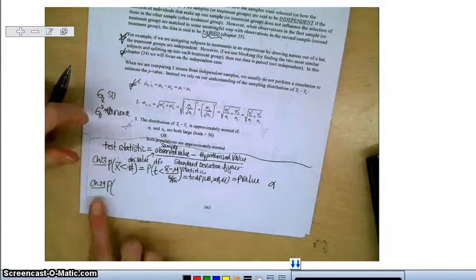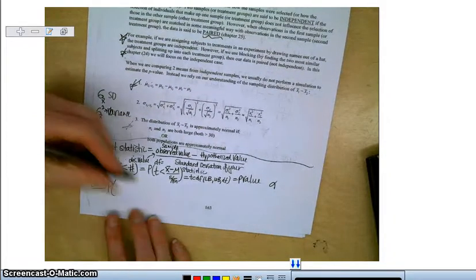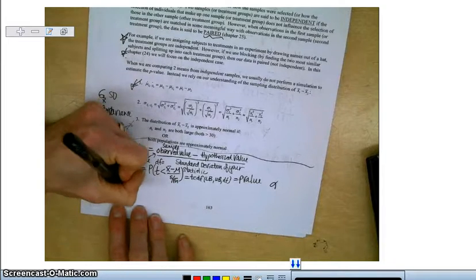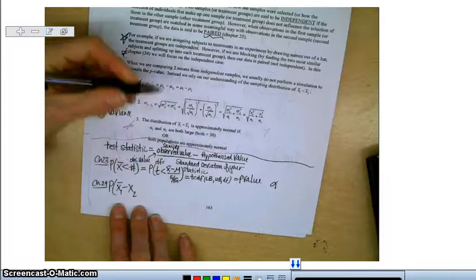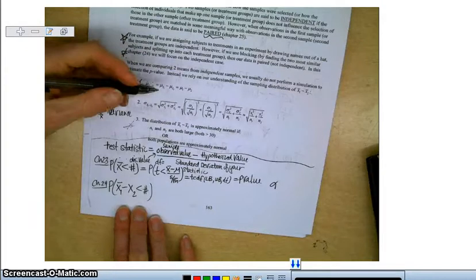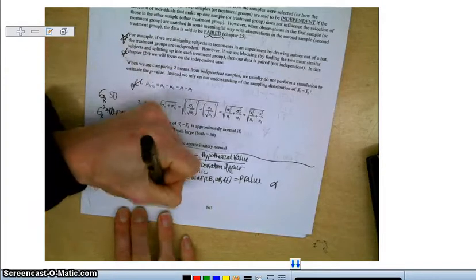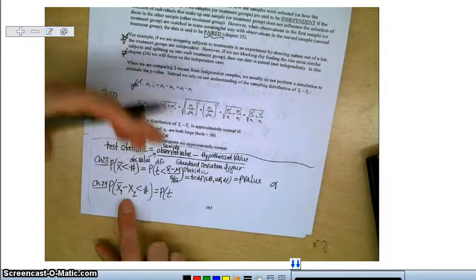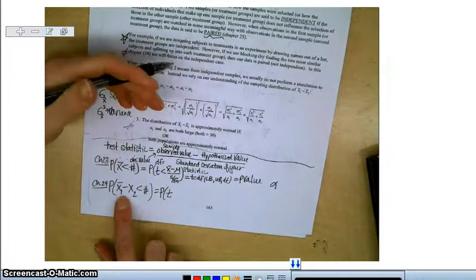All right, so now in chapter 24, we're doing a similar thing, except instead of having a single mean, we have the difference of two means. What is the probability that mean 1 minus mean 2 is less than a certain value? It could be greater than a certain value. And that is the probability that t, now you're going to find the t value, the test statistic, for the difference of means.